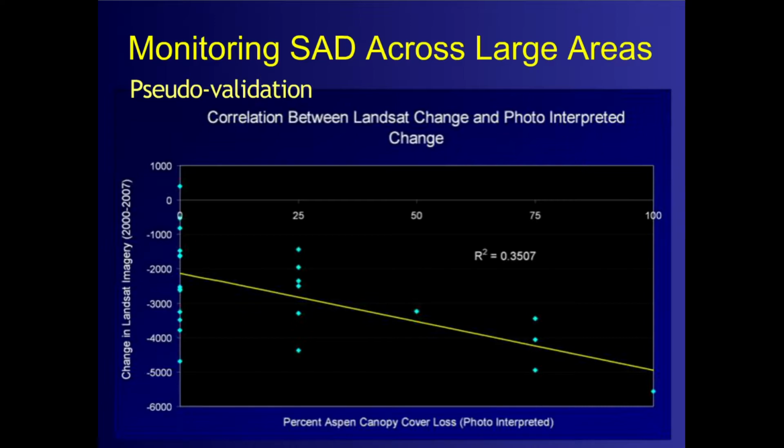And then just visually made a guesstimate of the percent loss in canopy cover, going at 25, 50, 75, and 100%. And then on the y-axis, this is the values in the change detection layer. And you can see there's definitely a relationship there. It's not as strong as I'd like to see. Hopefully that will be strengthened with the field data, but there's definitely a relationship there.